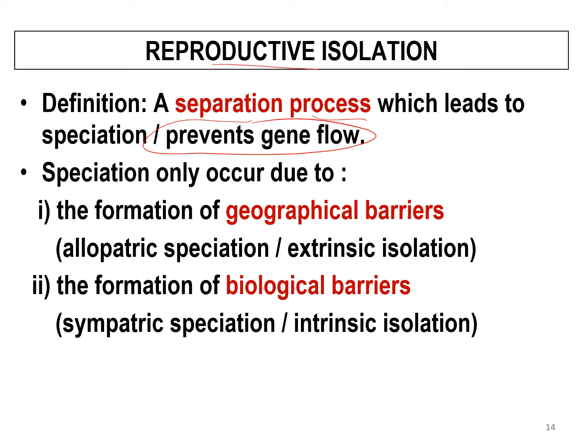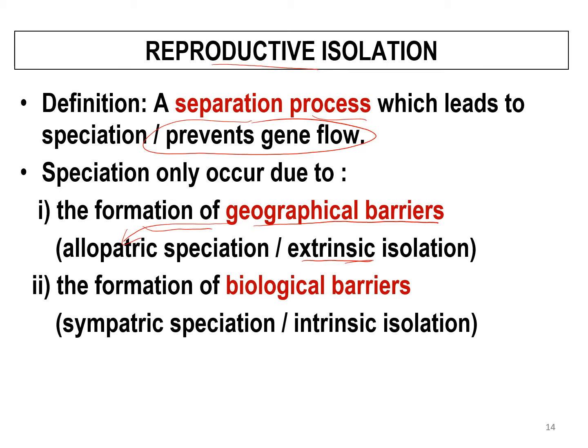So no gene flow. The speciation only occurs due to the formation of geographical barriers. Kalau geographical barrier, maknanya dia include allopatric speciation ataupun extrinsic isolation. Faktor luaran bukan faktor dalam badan dia, disebabkan oleh environment.